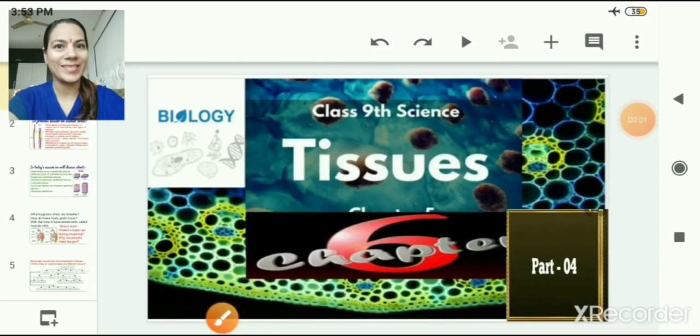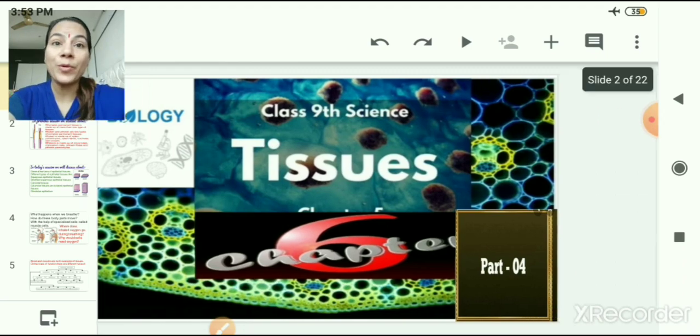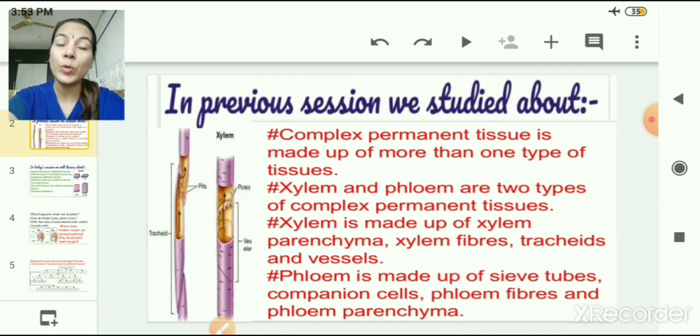Welcome dear students to one more session of chapter number 6, that is tissues. In our previous session we studied about plant tissues and specifically we studied about complex permanent tissues. We studied that complex permanent tissues are made up of more than one type of tissue, and xylem and phloem are two types of complex permanent tissues.